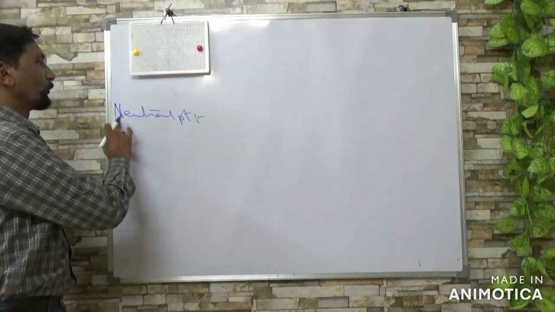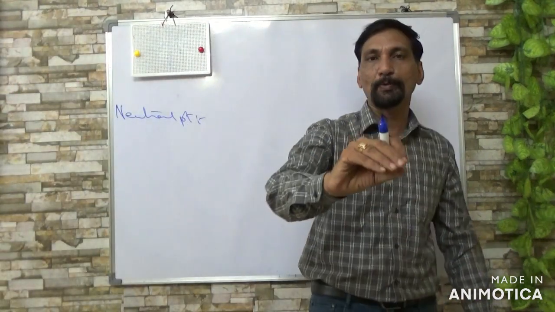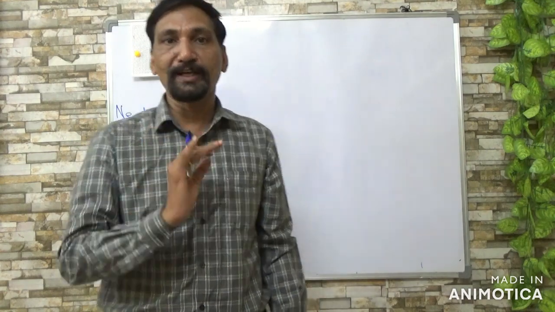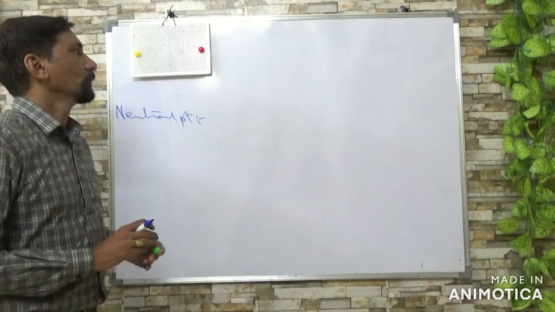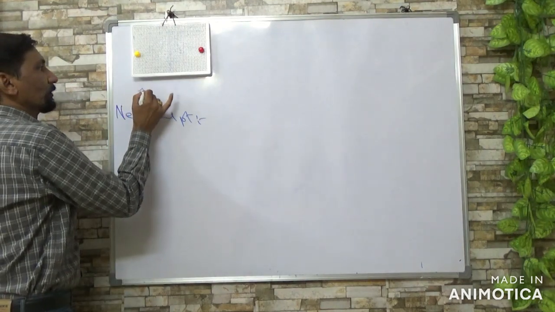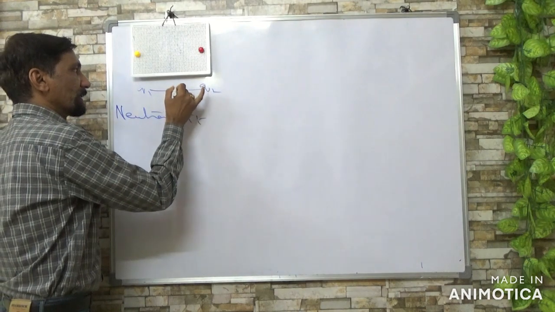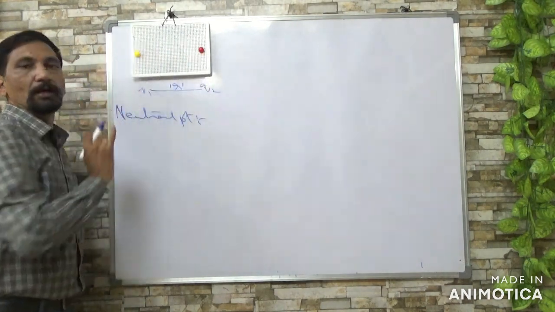Now, about a neutral point. The neutral point means the point at which you place a charged body and it does not experience any force. Suppose there are two point charges, say q1 and q2, separated by a distance r.